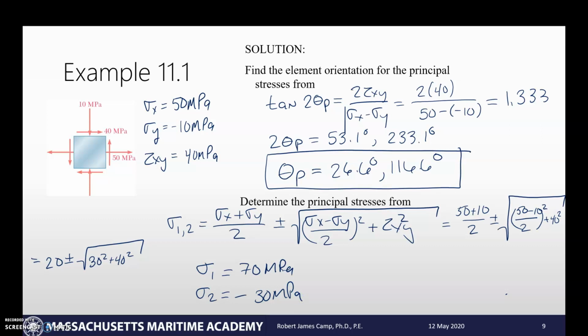But we're not quite done, because that only tells part of the story, because I don't know which one of these angles corresponds with which one of these stresses. So what I do is I go back to our initial equation.